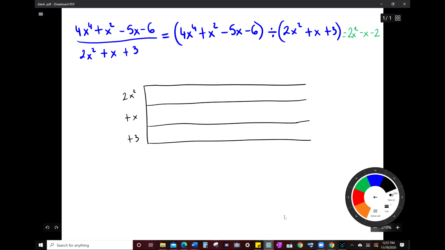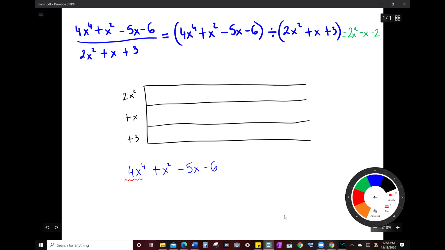Okay, and then I will write the final product down here to remind me. So for x to the 4 plus x squared minus 5x minus 6, first I start with 4x to the 4.